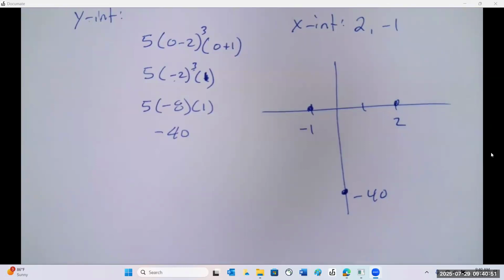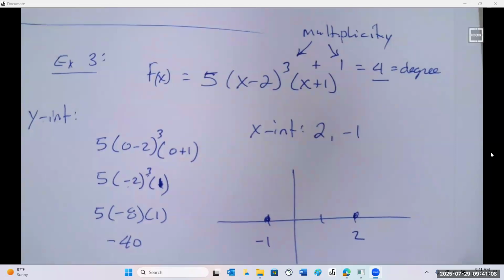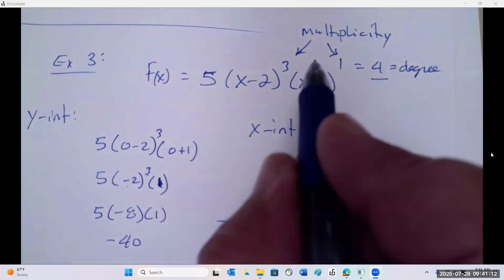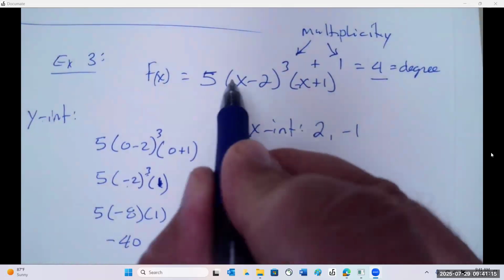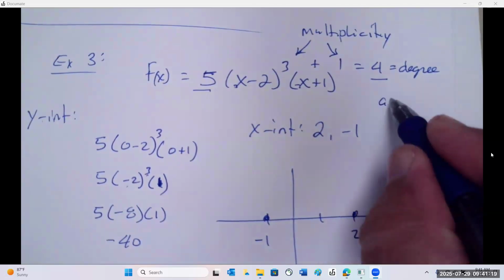What's the graph going to look like? What's the end behavior? The degree is 4. So what do we know about both ends? Same direction. Are there any coefficients of x that are negative, or is the front end negative? No, they're all positive, so A is positive.